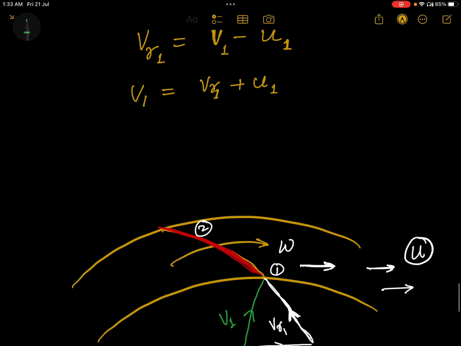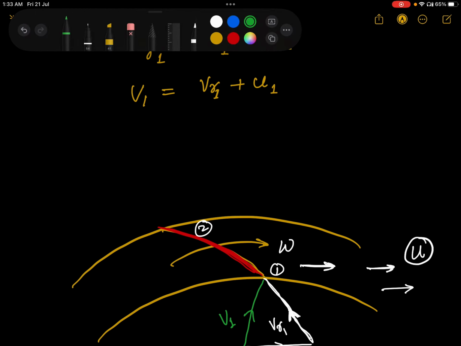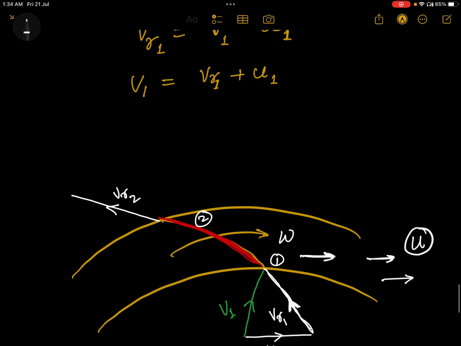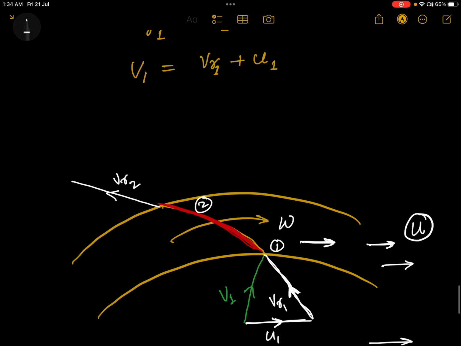What about the outlet velocity? For the outlet velocity it is the same. First of all, draw the relative velocity VR2 and add U2 to it. It depends: if it is an axial flow turbo machine, then the tangential velocity will be the same, and if it is a radial turbo machine, then the tangential velocity will be different.